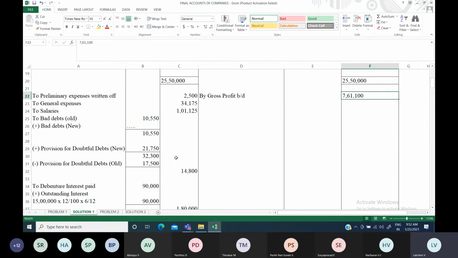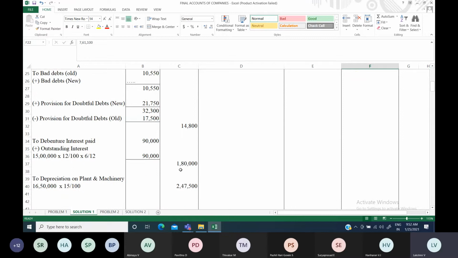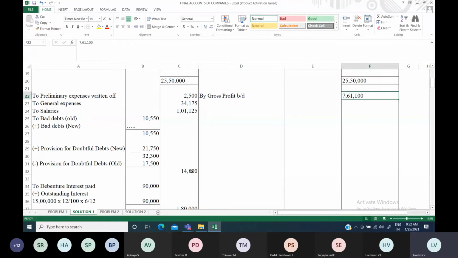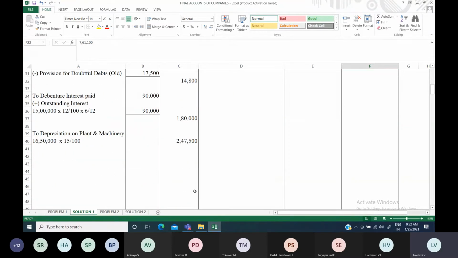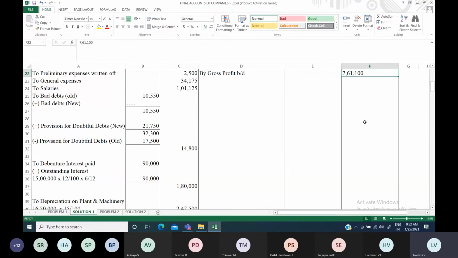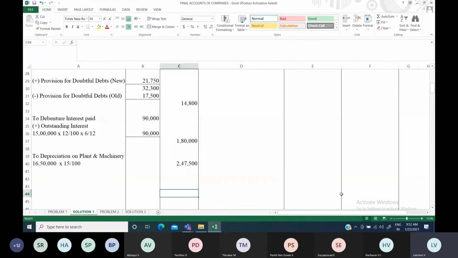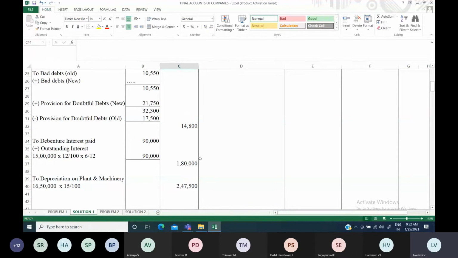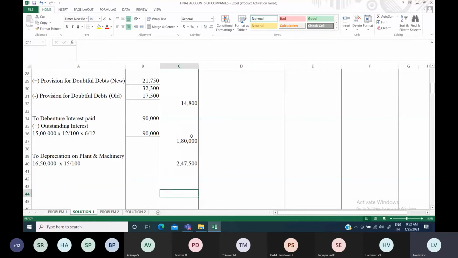Usually you total this column and that column and see which one is higher, and you put the amount on both sides, debit side and credit side. Usually you will get net profit, but at times you might even get net loss. So better to calculate both sides and find out which amount is higher. So 7 lakh 61,100.